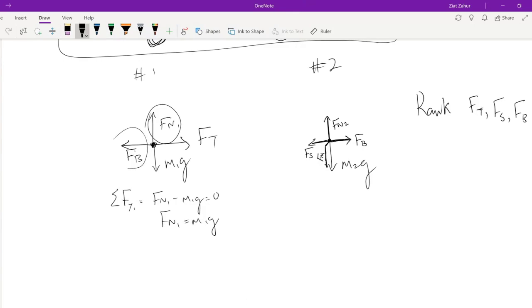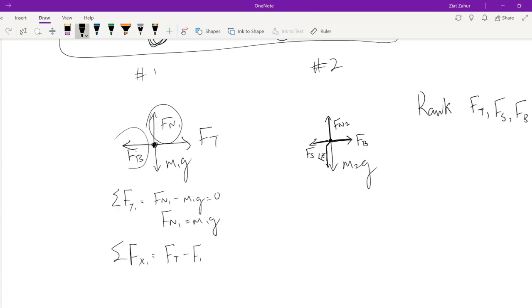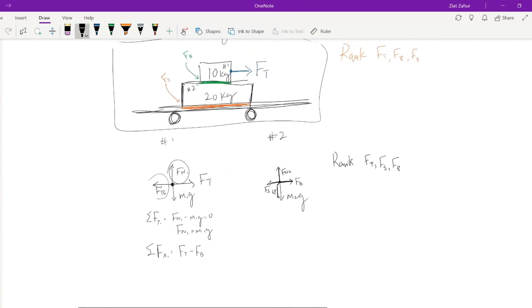In the x-axis for the first block, sigma Fx1, we have Ft pulling to the right, and the force Fb, that's the frictional force between the blocks.